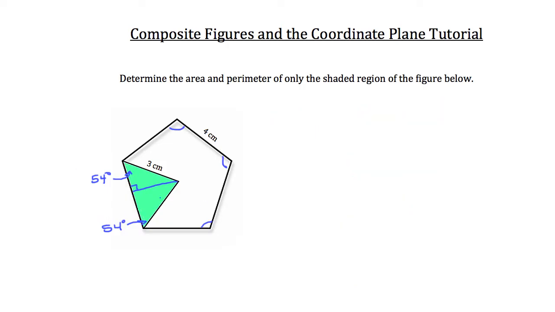What I'm going to do is just redraw one of these triangles right over here. So here's one of those two identical green triangles drawn off to the right. You can see that we have our 54-degree angle here and our 90, and we know that the hypotenuse of this triangle has a length of 3 centimeters. We want to solve for this side right here, which was the apothem inside that triangle.